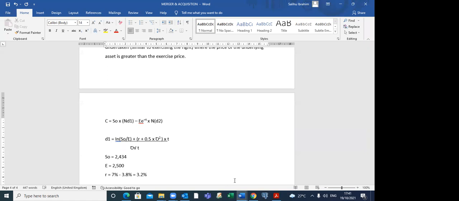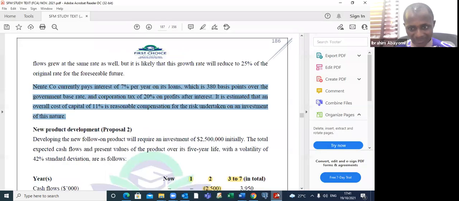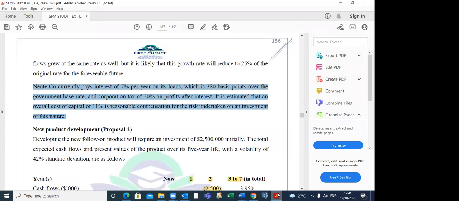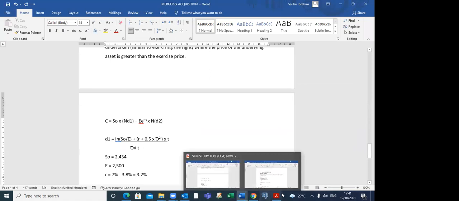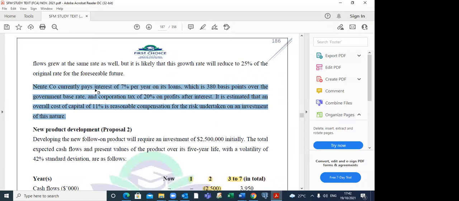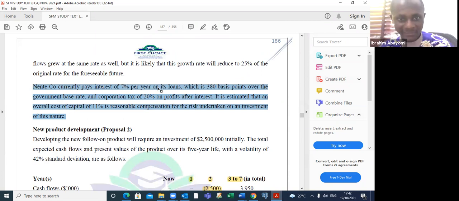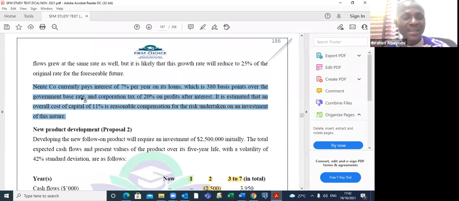I don't have my question here. It's the one I just showed you, what I highlighted there. That's the reason I highlighted it. I read it out: Netico currently pays interest at 7% per year on its loan, which is 380 basis points over the government base rate.